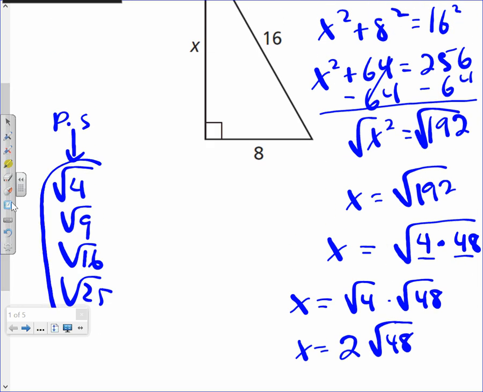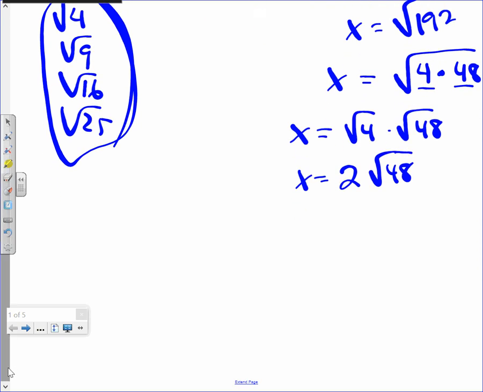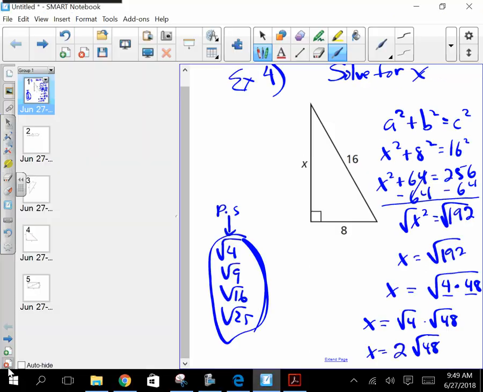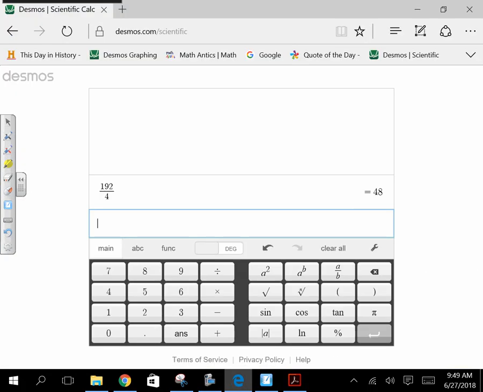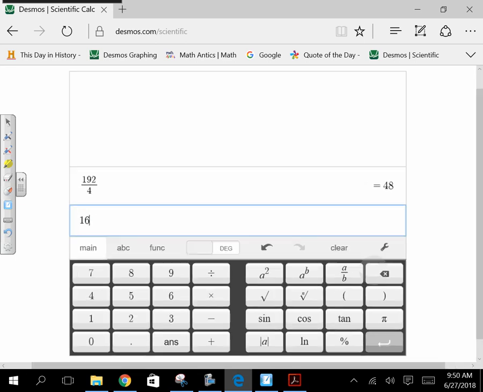There's a number here from the perfect square list that's a factor of 48. 16 times 3. Notice 16 goes into 48. Let me verify it with my calculator. Watch. 48 divided by 16, my bad.